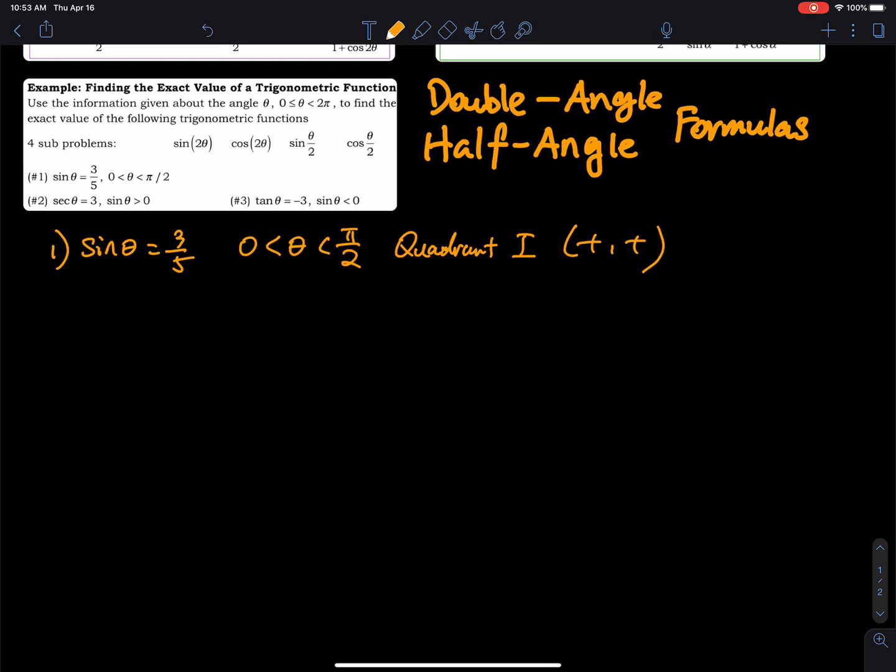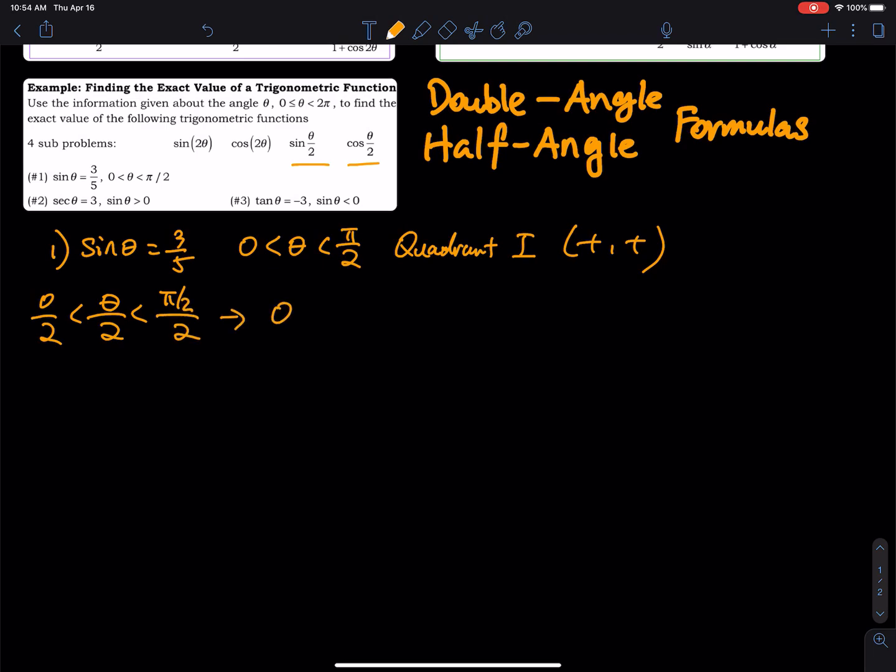We need this. And then we are doing a half angle, right? Do you see that we have sine half theta and cosine half theta? So we have to take care of the half angle. Since theta is between 0 and pi over 2, then for half of theta, in the compound inequality you divide each side by 2: 0 divided by 2, and pi over 2 divided by 2.